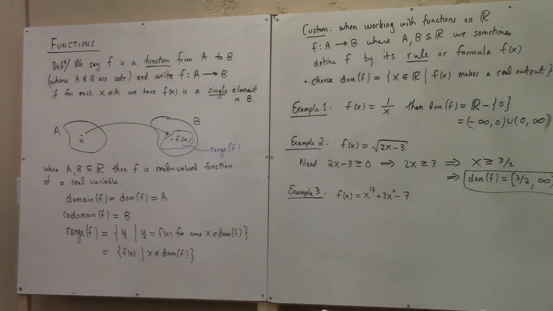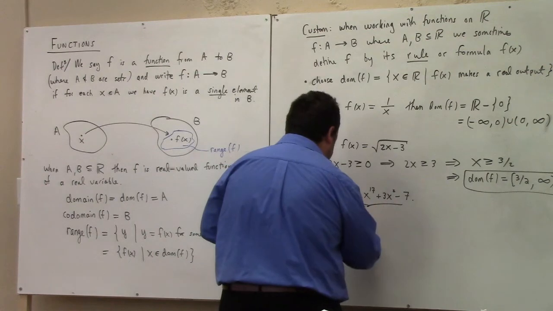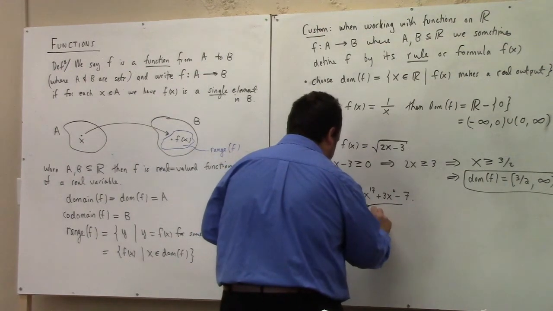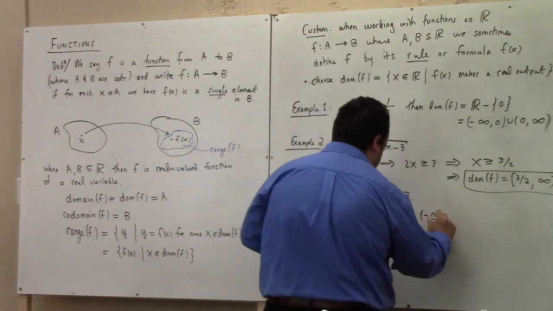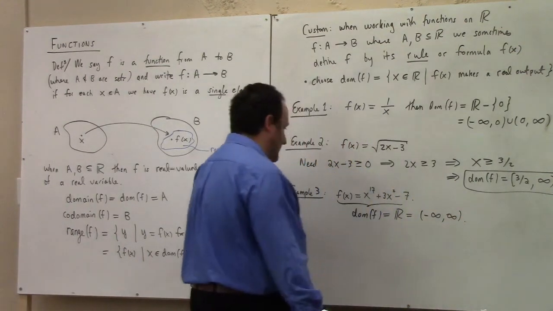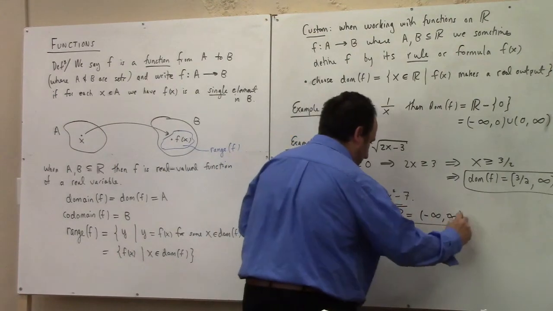I don't think it would be particularly pleasant to calculate f of 2 without a calculator, but you could do it. Anyway, my point to you here is that the domain of f is just the whole real line. Right, so the domain of f in this case is just everything.